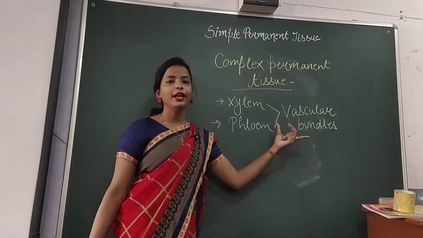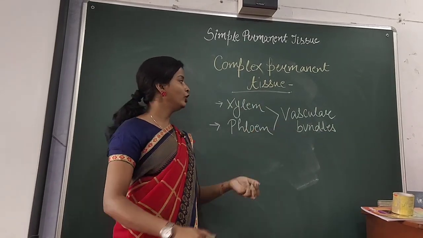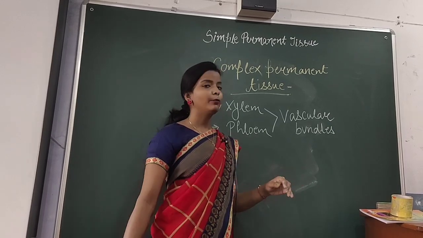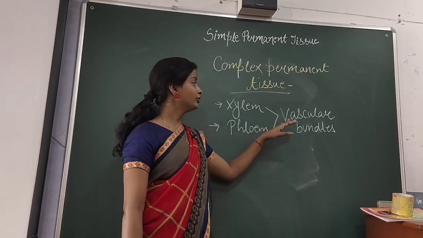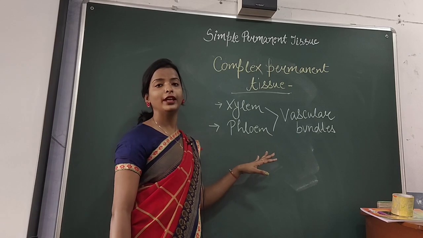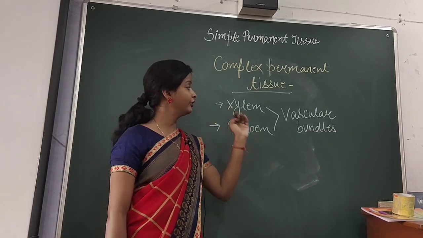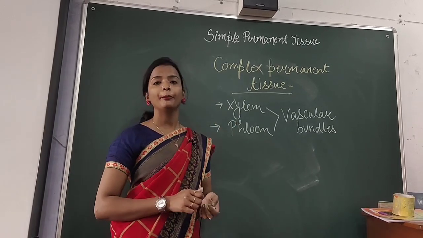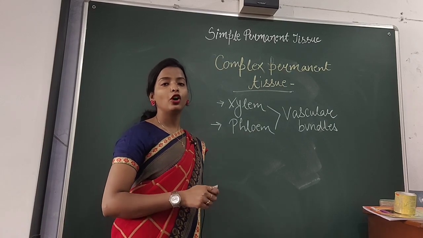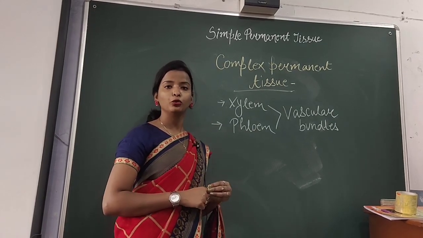Now, why they are termed as vascular bundles? In our body also, you might have studied about the vascular system, like blood, arteries, veins and capillaries. They are the vascular system of our body, and what is the main role of it? To transport the oxygen or to transport the blood throughout our body.